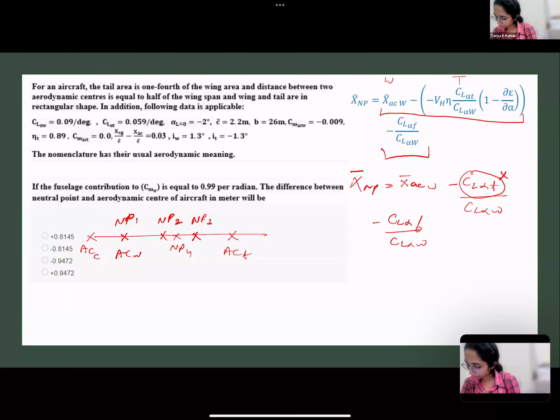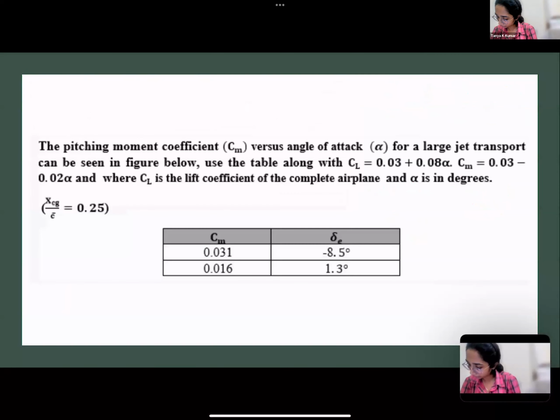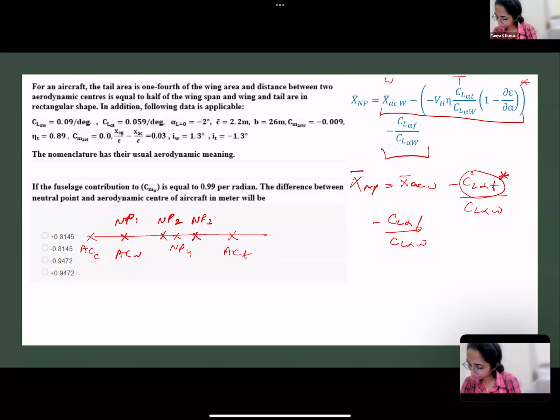Let's put a star, so this is the starred one. Now if I had a canard, I will do CL alpha canard by CL alpha wing. And the CL alpha canard again will be starred. It will have canard volume ratio and all of those. In this case, it's the first three components.